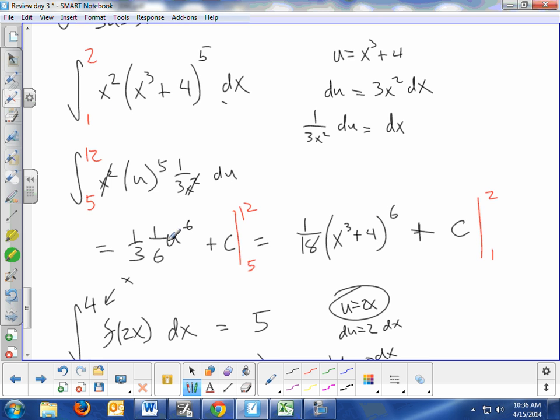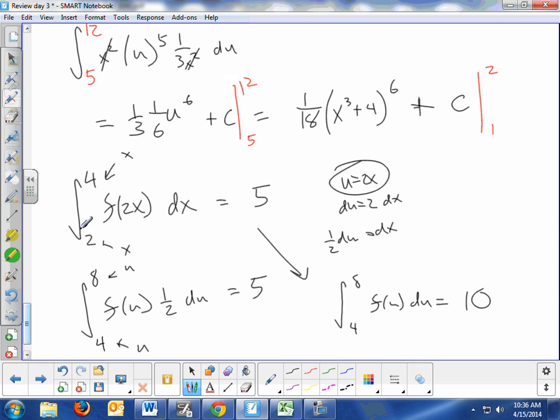Why? Because if I plug in 12 for u, I get 12 to the 6th. Here, if I plug in 2 for x, 2 cubed plus 4 is 12. I get 12 to the 6th either way. But typically you will be asked a couple problems where they require you to change your boundaries. So please be wary of that when you use u substitution, that you must change your boundaries.